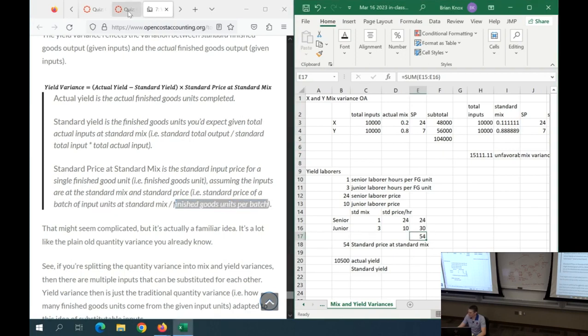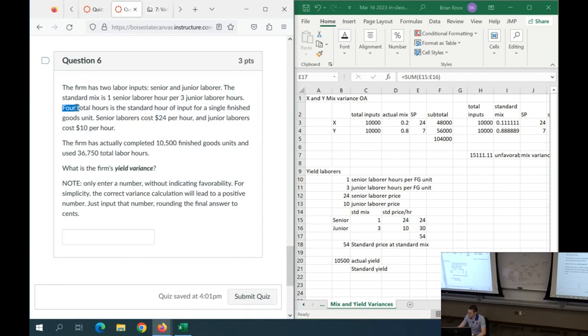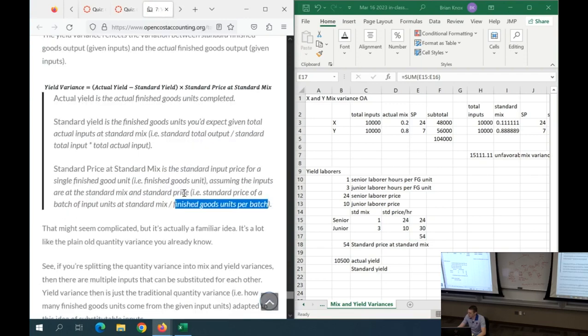When I said I fixed the questions, I made the finished goods units per batch equal the number of batches elsewhere, so they wouldn't say 6 here or anything. It's just, might as well say 1 as the denominator here. I simplified that math. Don't want to have that complication in there. The point is, you create this table out here, you get the total amount of cost, standard price at standard mix. That should be it right there.